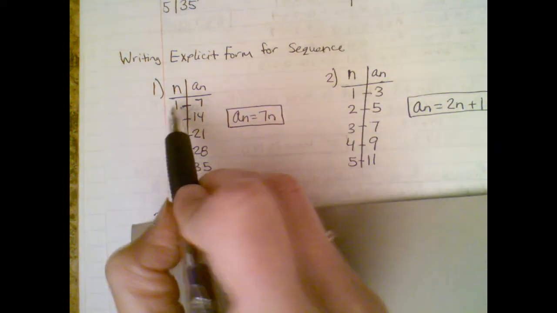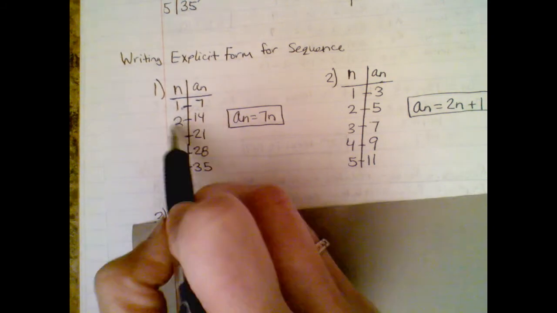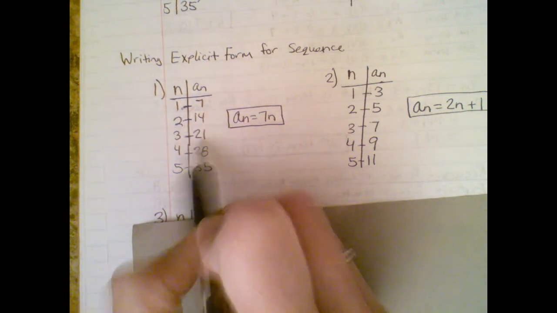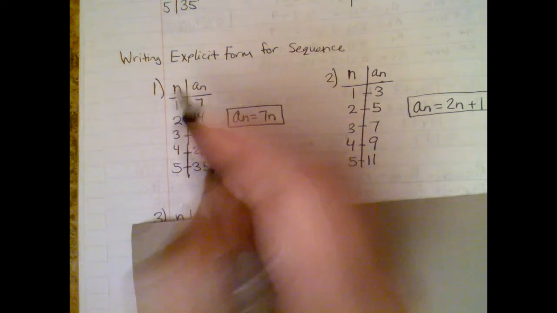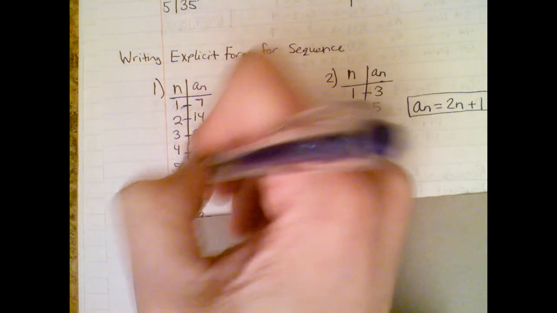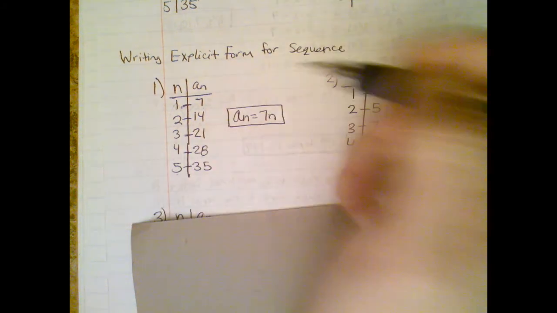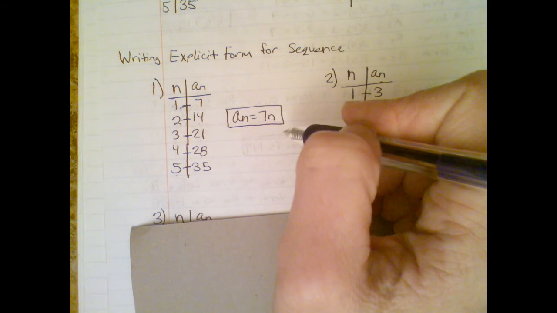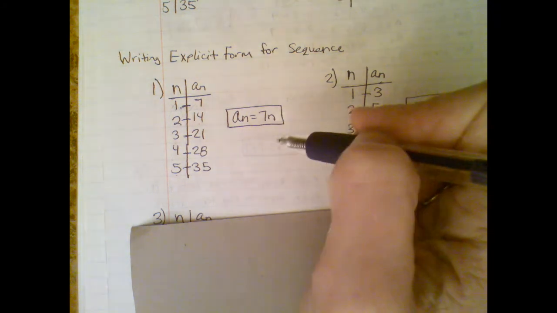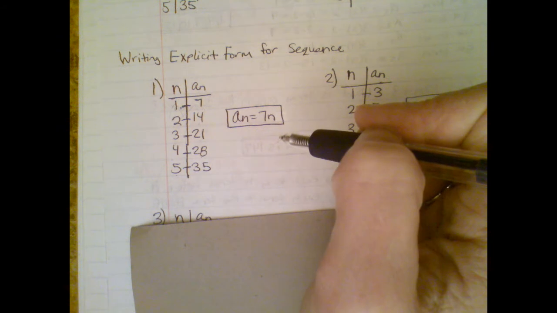So we want to know, how can we get from 1 to 7, 2 to 14, 3 to 21, 4 to 28, 5 to 35. And each time, notice I'm taking this n term times 7 to give me my a_n. So that's going to be my formula, a_n equals 7n. Notice in the explicit formulas, I'm not relating it to the previous term, so I'm not going to have an a_(n-1).